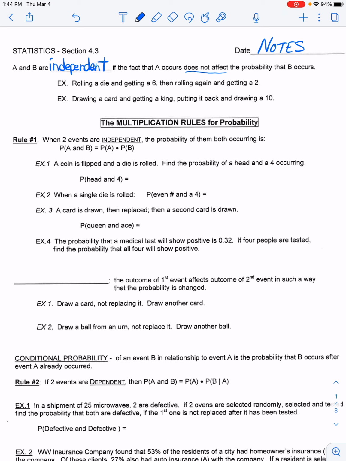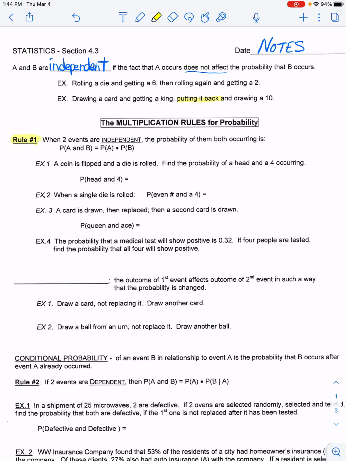The 6 doesn't affect the fact that you get a 2 on the second roll. Or the second example here, drawing a card and getting a king, putting it back, and drawing a 10. One thing doesn't affect the other, so therefore the events are independent.